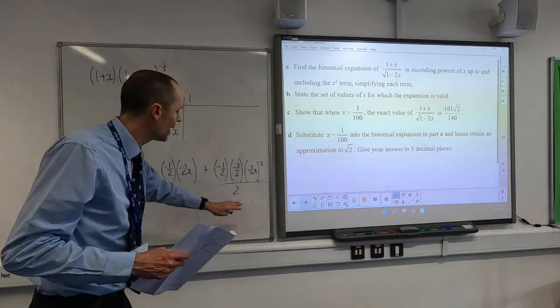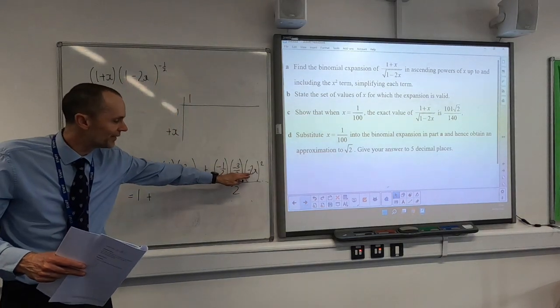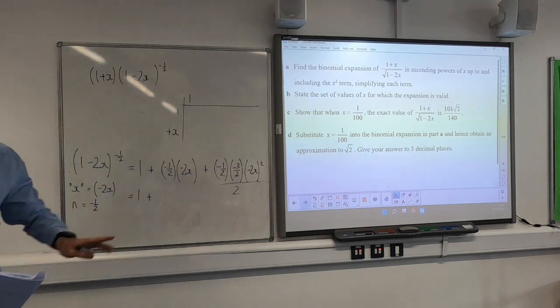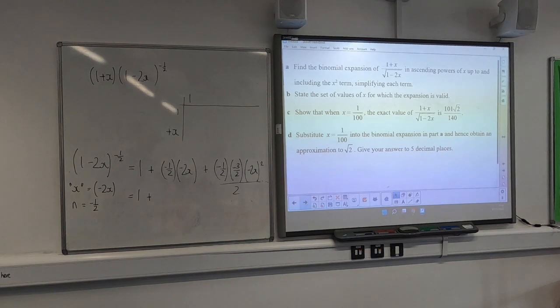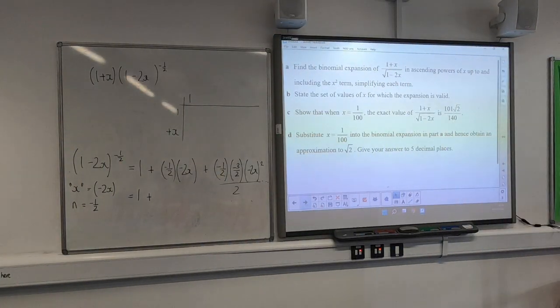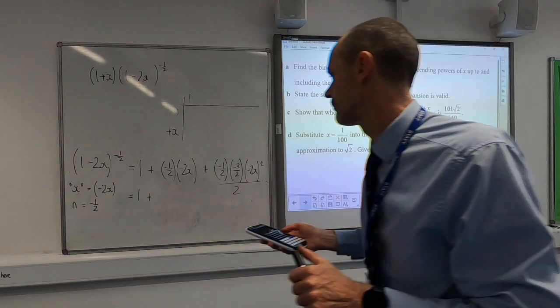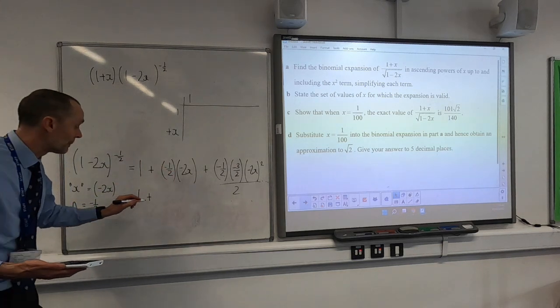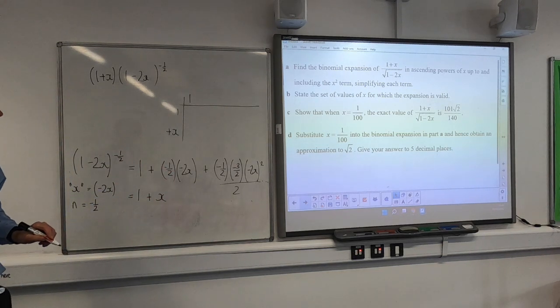And because your calculator will do this for you, provided you get the coefficient of x squared correct, you can just type that in without the x, can't you? So minus half times minus 2 is plus 1, that's all good.